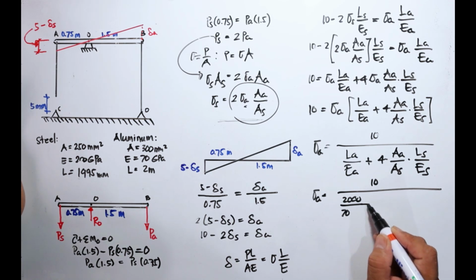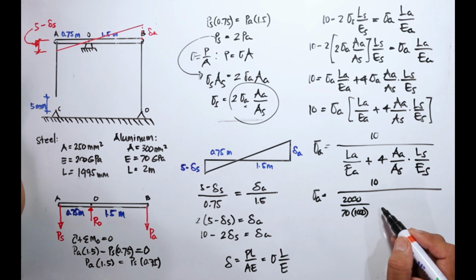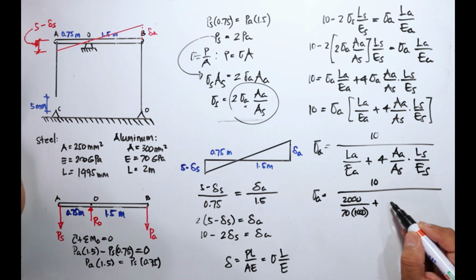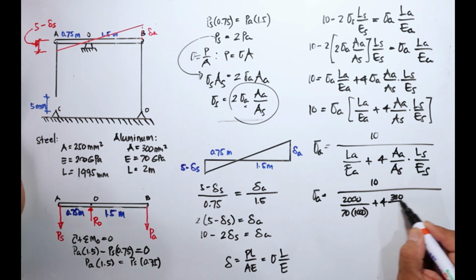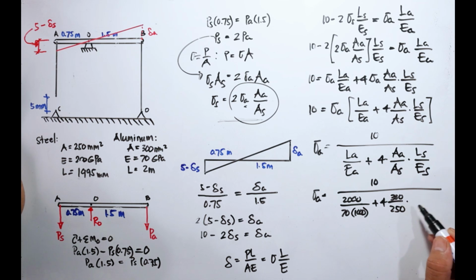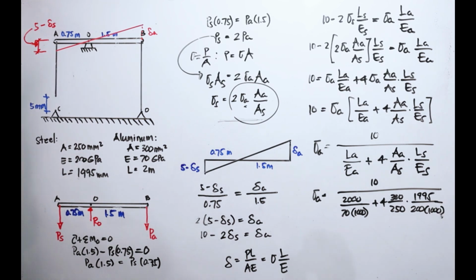Modulus of elasticity is 70 gigapascal. Convert that to megapascal, so we multiply by 1,000, plus 4 times the area of aluminum divided by the area of steel times the length of steel, which is now 1,995, that's 2,000 minus 5, divided by modulus of elasticity, 200 gigapascal, multiplied by 1,000 to convert to megapascal.